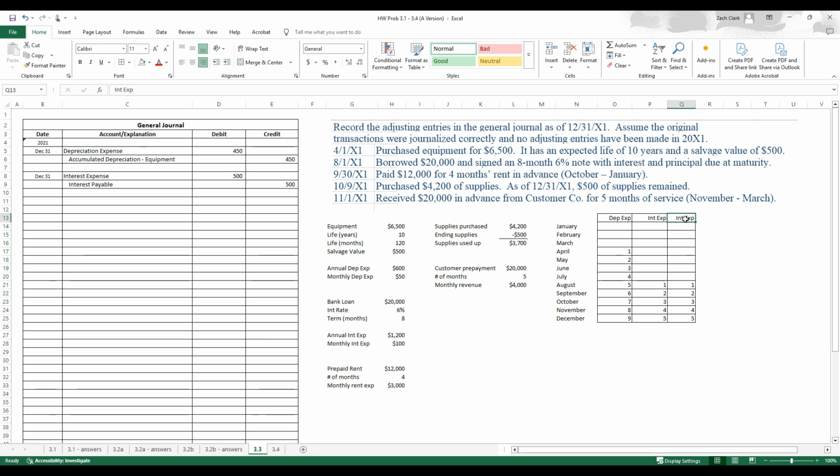What's our next one? Paid $1,200 for 4 months rent in advance, and we paid that on 9/30, and the dates that apply are October to January. So we have October, November, December. So January of the next year, 2022, is the only month that should be left in our rent. So then let's copy this entry.